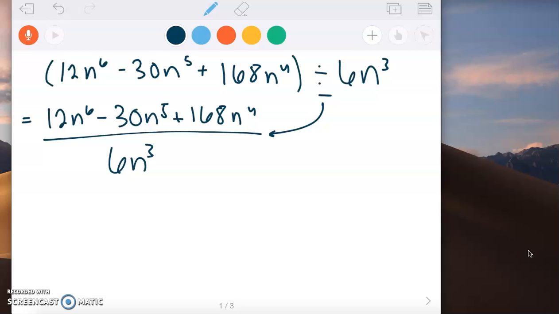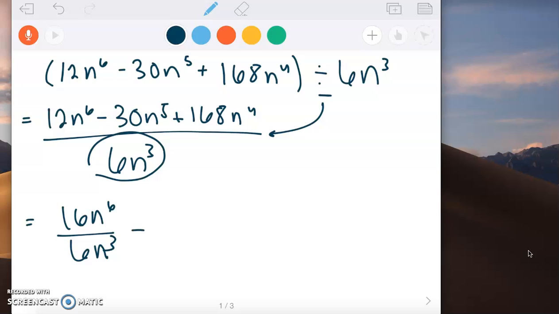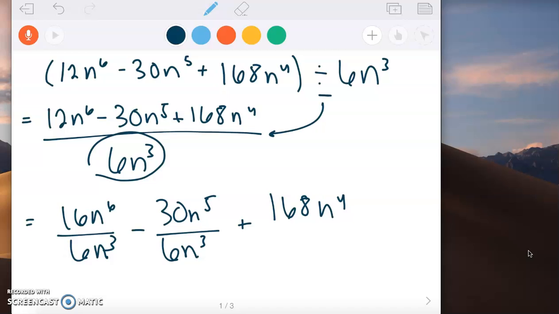Now, when you have an expression on the top, like a polynomial on the top, we can split that up, right? But remember, you have to have only a monomial on the bottom. So that's the same thing as saying 12n to the 6th over 6n to the 3rd minus 30n to the 5th over 6n to the 3rd plus 168n to the 4th over 6n to the 3rd, or cubed, however you want to say that.